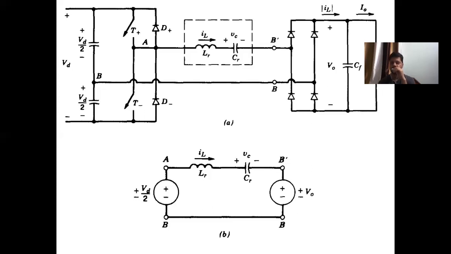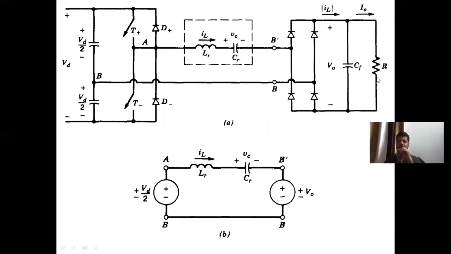After the resonant circuit, you have the output stage that comprises of a full wave uncontrolled rectifier consisting of 4 diodes, followed by a filter capacitor, and there is a resistive load.